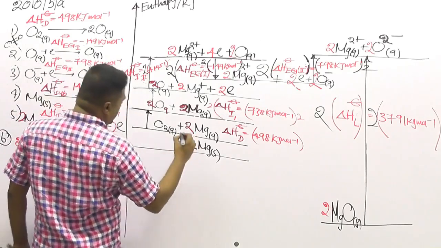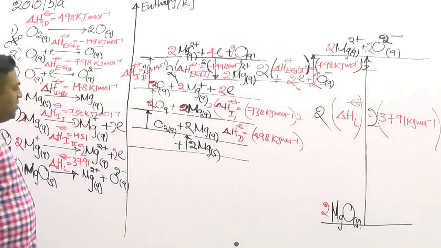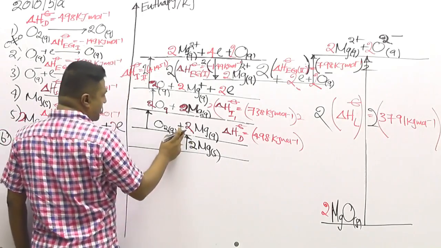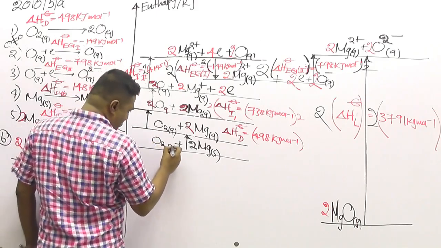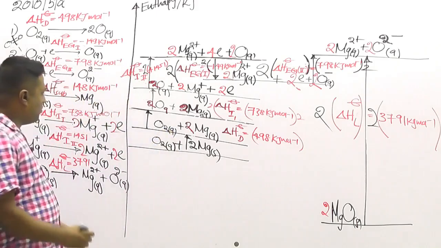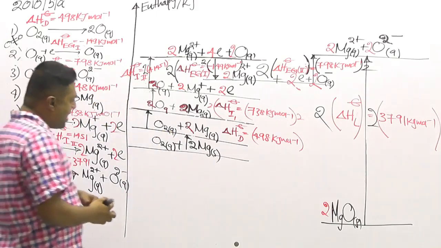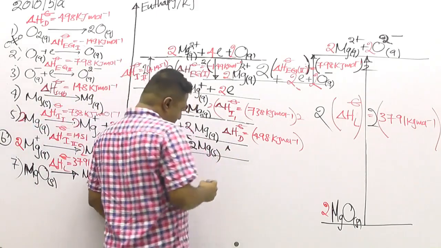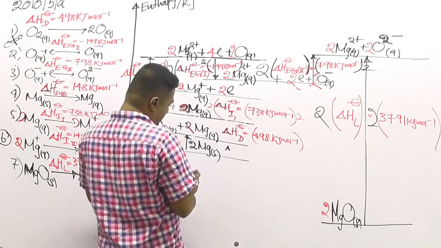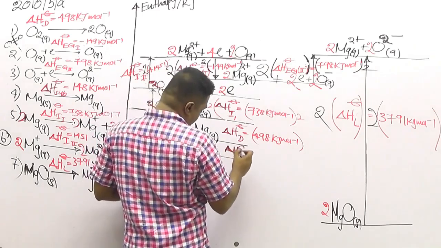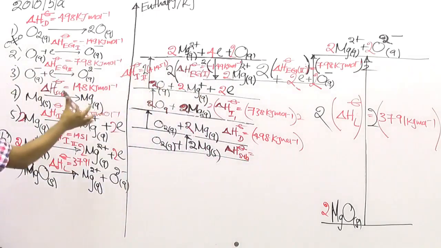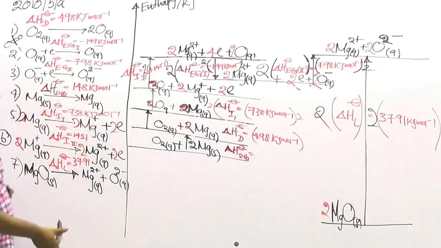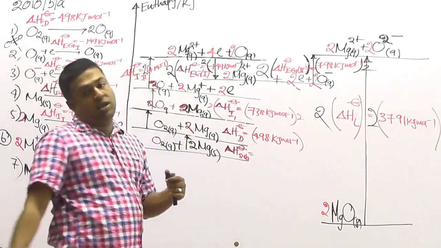Plus, we did nothing for oxygen, so you have O2 gas. And the enthalpy, delta H naught sublimation, for 1 mole of Mg is 148, but here you have 2 moles of Mg gas.